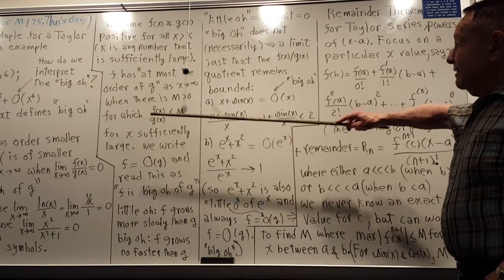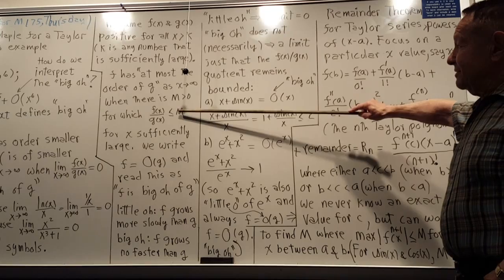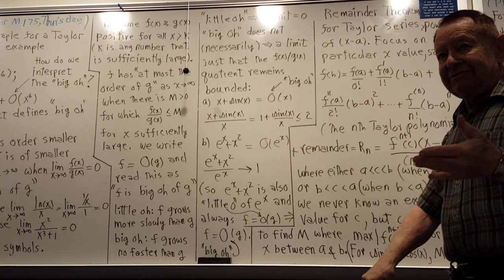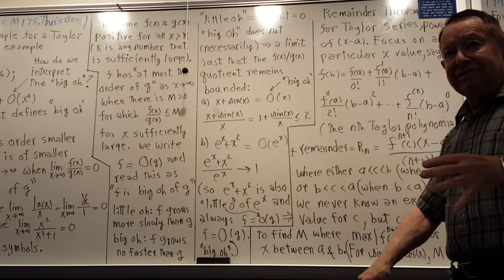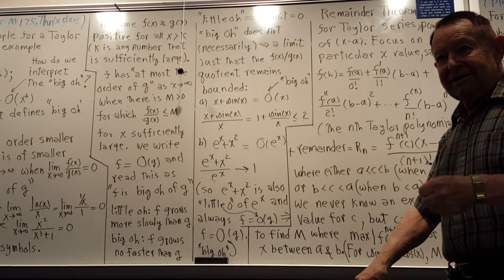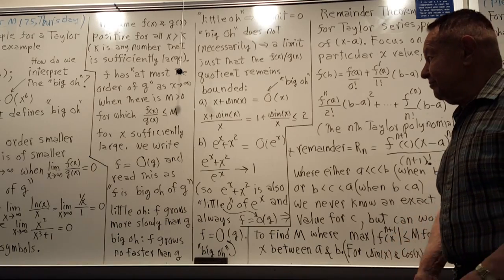So something like that, you see there's an M because the absolute value of sine is less than or equal to 1, but there isn't a limit, single number or symbol.